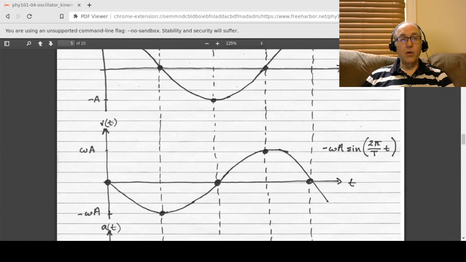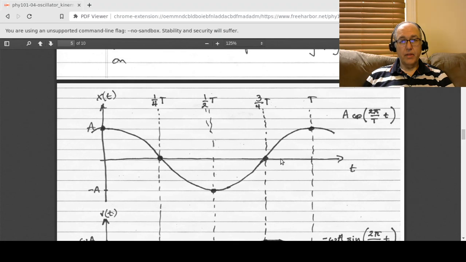Okay, now take a look at what the velocity looks like after that. You're at 0 velocity there. From a half to 3/4 of the period, your velocity is positive. Until you get to 3/4, and then you're at maximum positive. And then from 3/4 of the period until you actually hit the full period, the full cycle, okay, your velocity is positive, but it goes back down to 0.